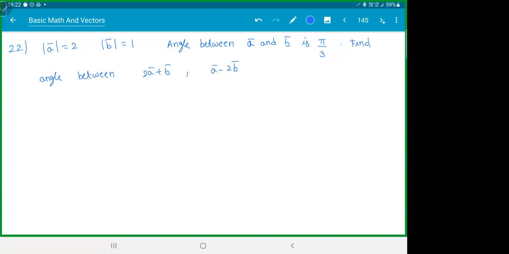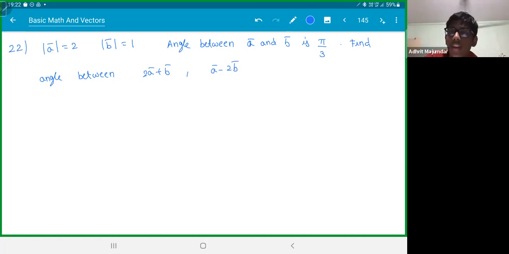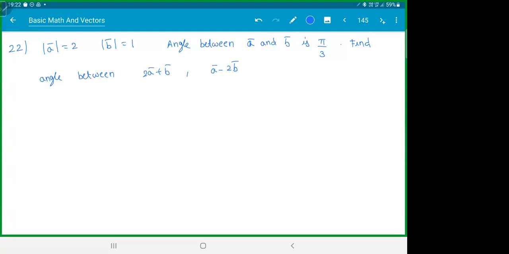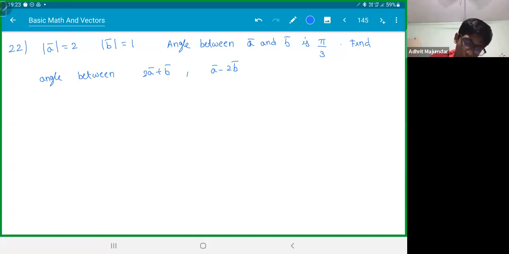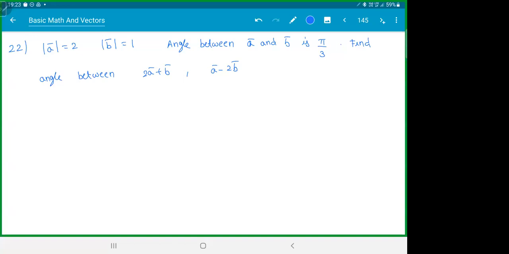How do you approach this guy? Sir, we can find the dot product of A bar and B bar, and then we do the dot product of 2A plus B and A minus 2B. करो करके आंसर बताओ. Try. Everyone try. 2 minutes. How do you approach this?